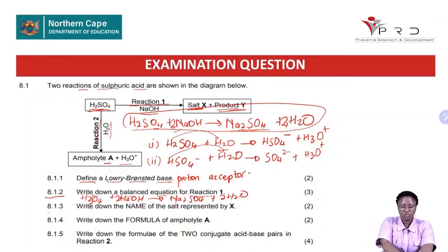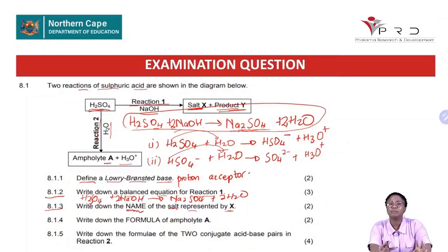The next question, 8.1.3, says write down the name of the salt represented by X. Remember, the examiner indicated the word name in capital letters, which means they really need the name of this salt, not the formula.